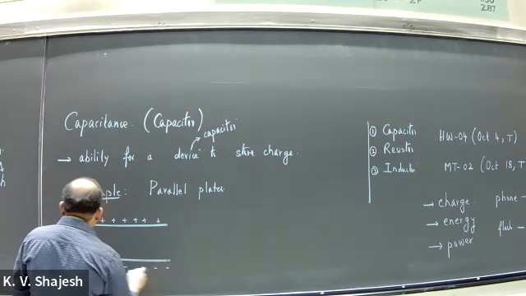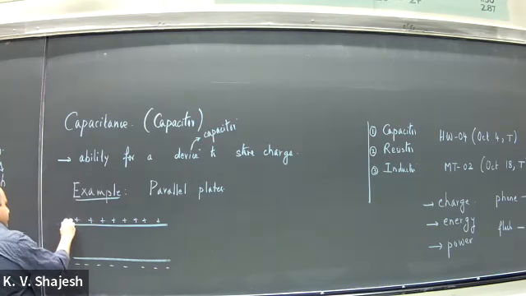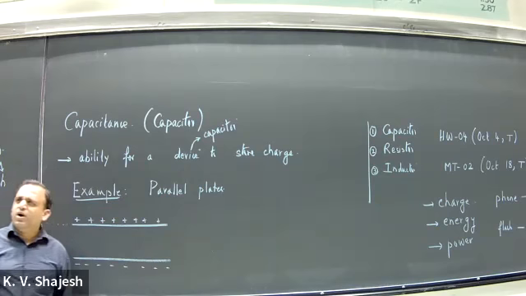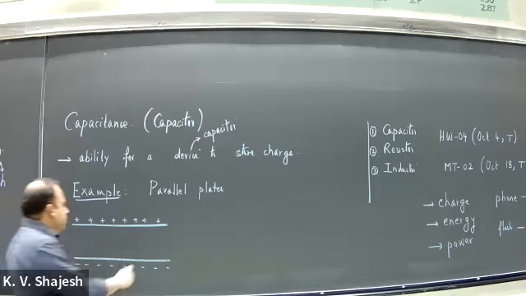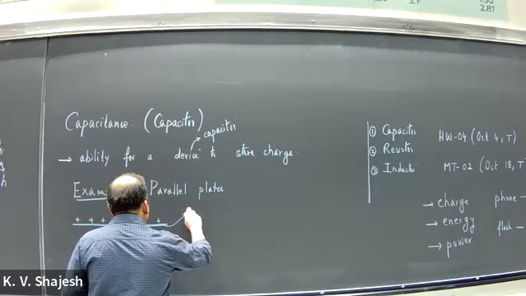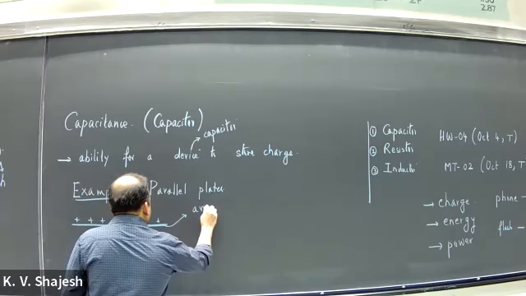And if this is of infinite extent, then you talk about charge per unit area. But this time we are talking about real devices. So let's keep it finite. If it is finite, it has an area associated with it.